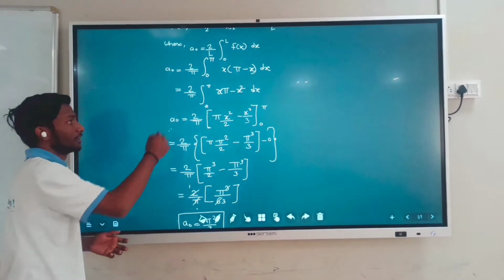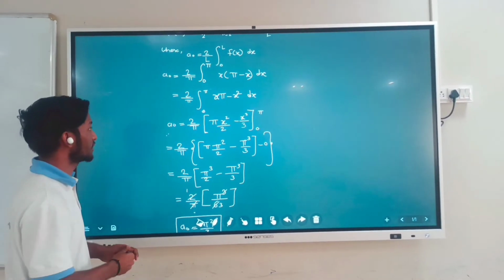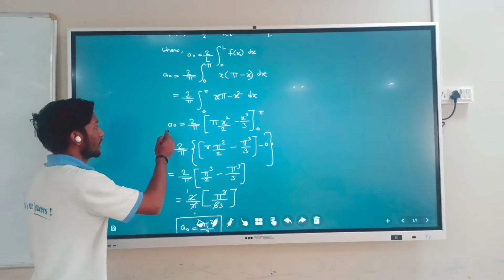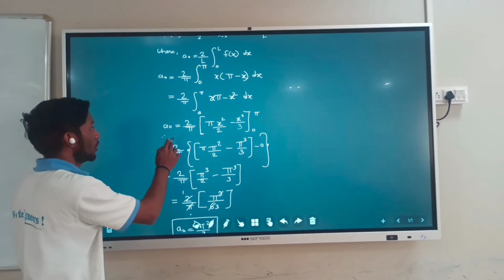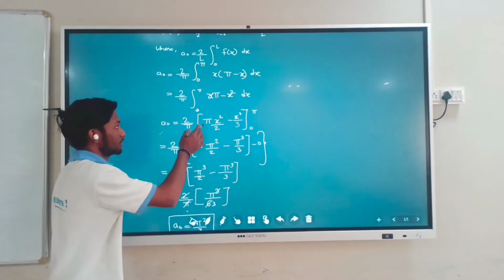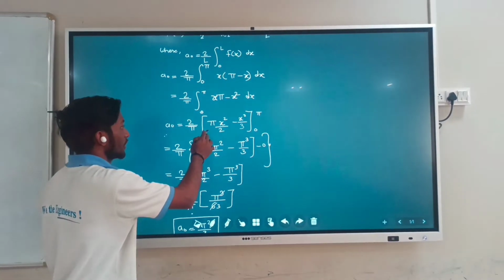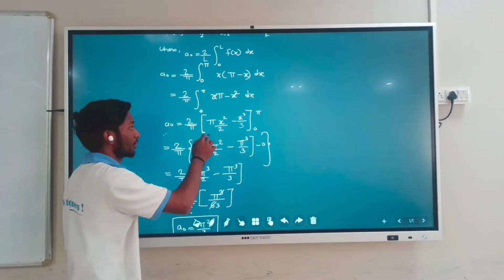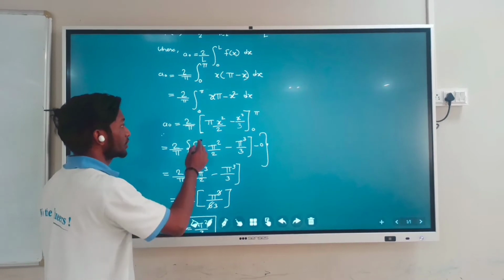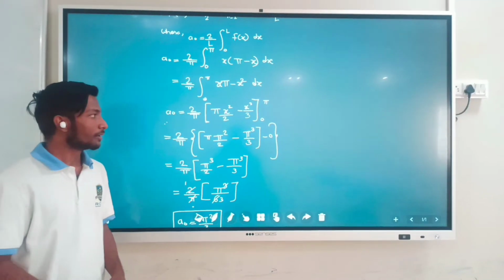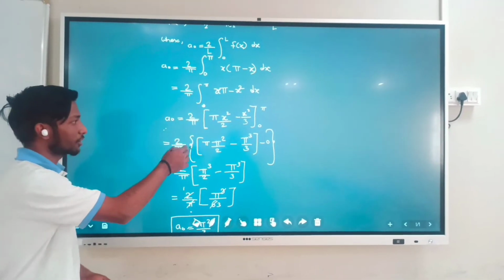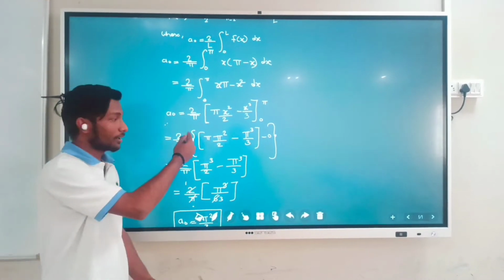Here we solve the integration. We get a0 equals 2 upon pi into the bracket pi x squared upon 2 minus x cube upon 3. Now we have to put the upper and lower limits in the place of x.